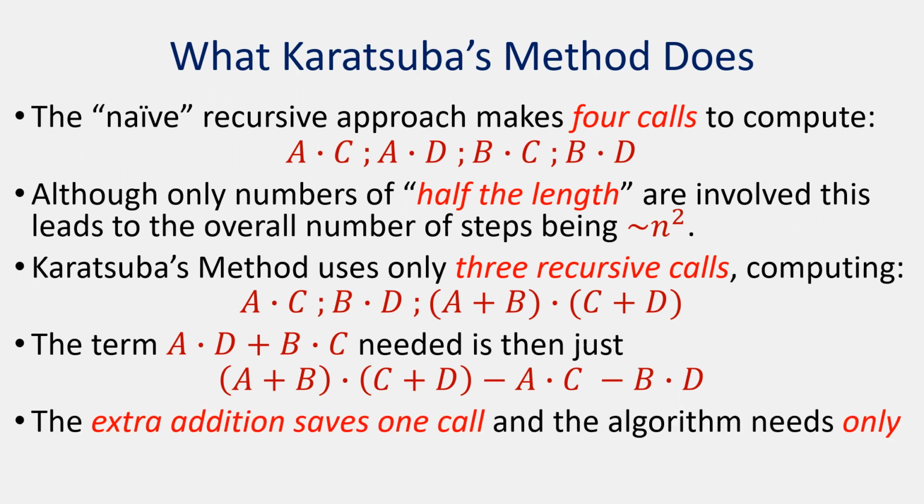Now, we're taking some extra addition steps, but that doesn't really matter. Addition is a cheap operation. The fact that we save 1 recursive call means we need much less than n squared operations.